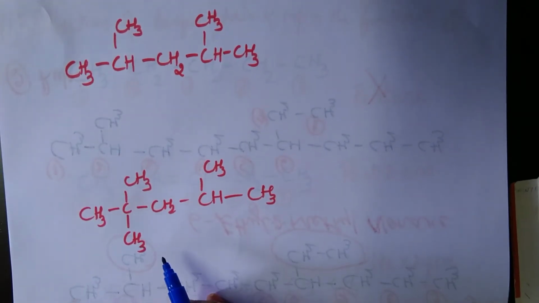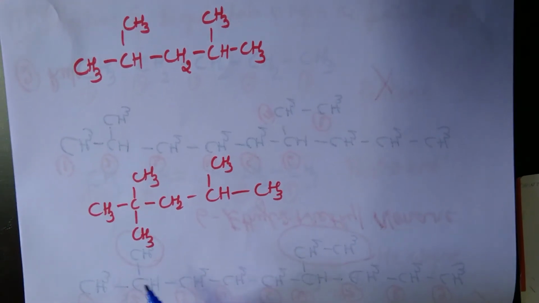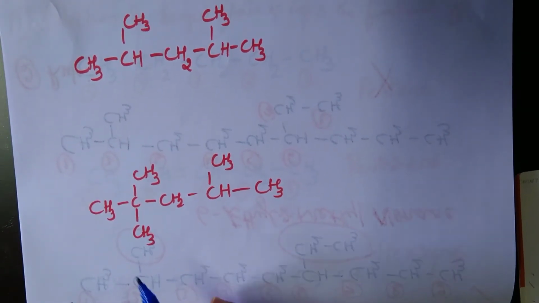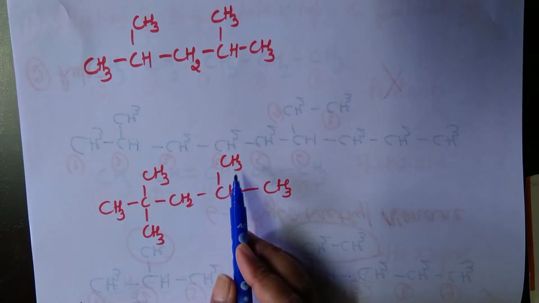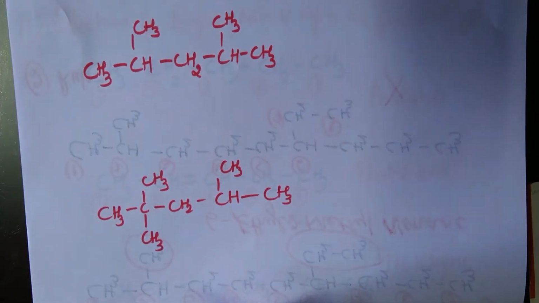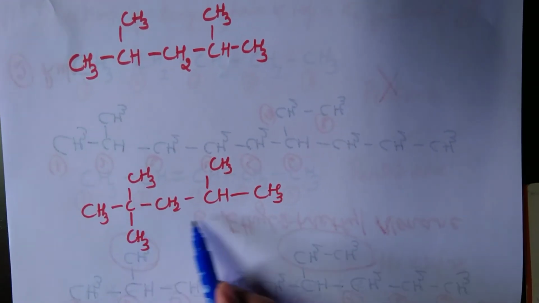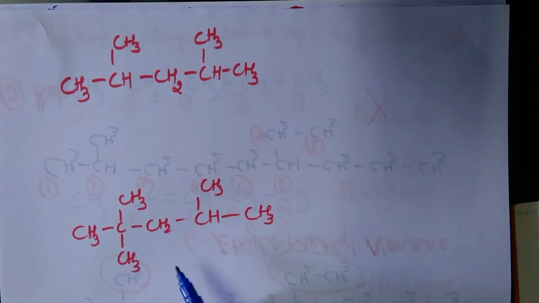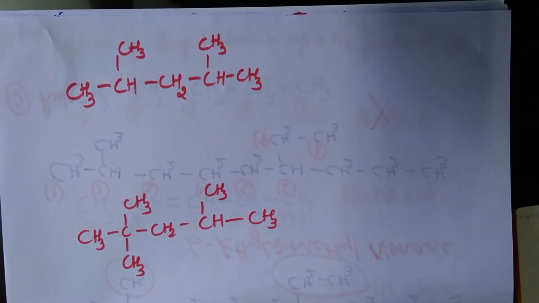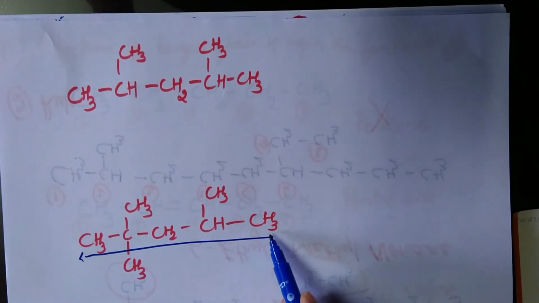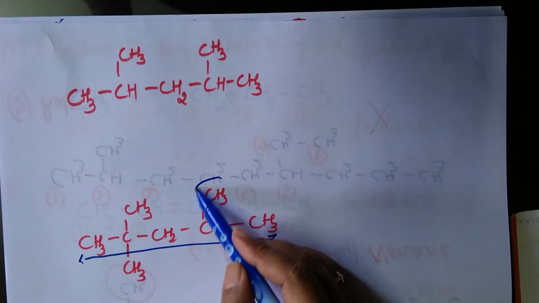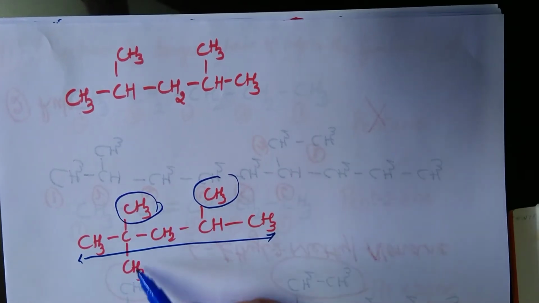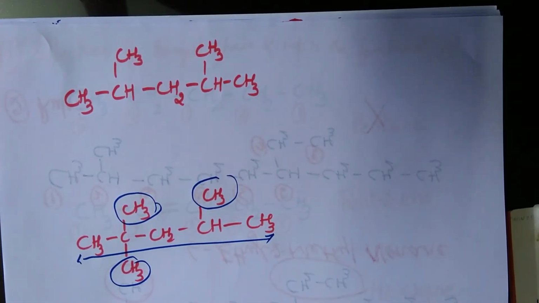In this example, we will try to understand two things. One is the lowest sum rule, and if the same substituents are there, then how to name them. So rule number 1, select the longest carbon chain, number it in such a way that the substituents get the minimum number. So this is our longest carbon chain, and identify the substituents 1, 2 and 3. So I need to number them.